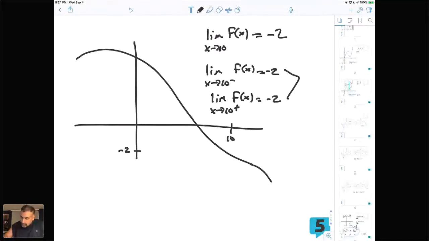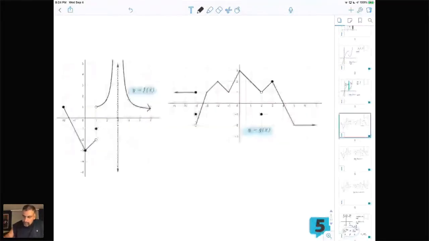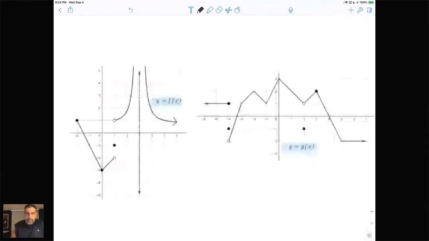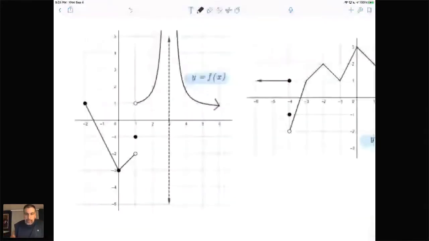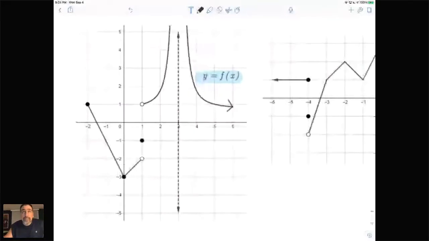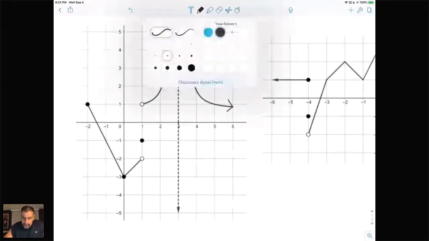So let's take a look at this particular function. Okay, so I'm going to zoom in a little bit so you can see it well. We're going to be using these two functions this evening. So this is our function f of x that's kind of being highlighted here. You can see that we've got a couple of breaks in it.